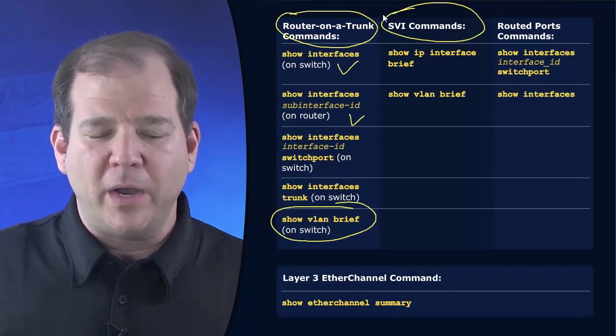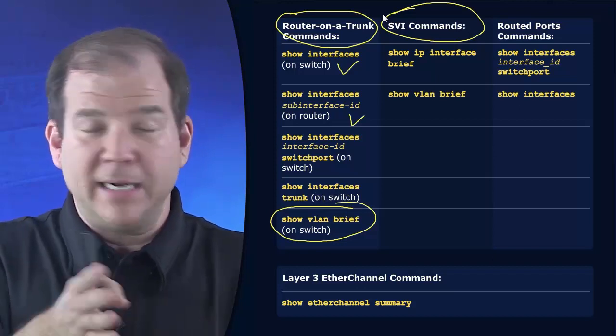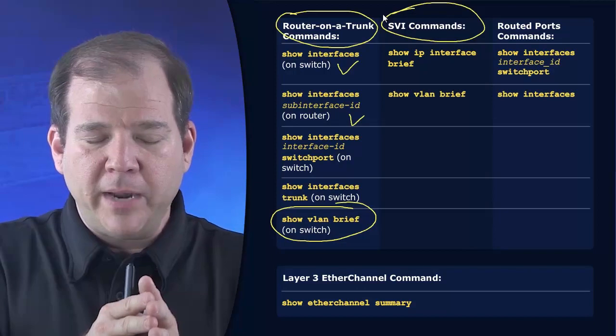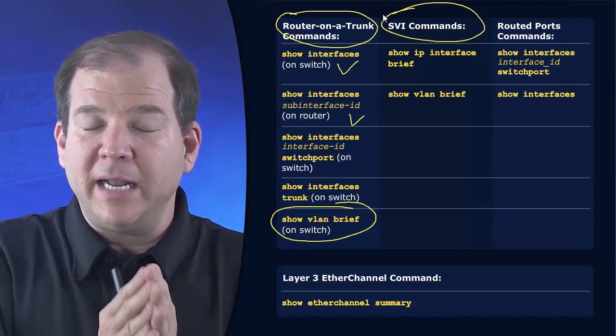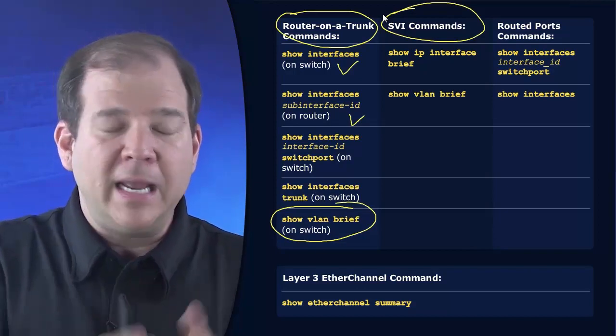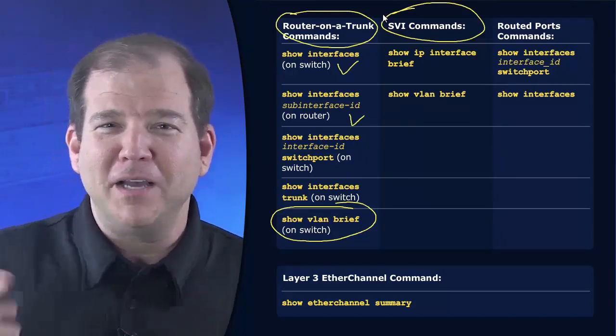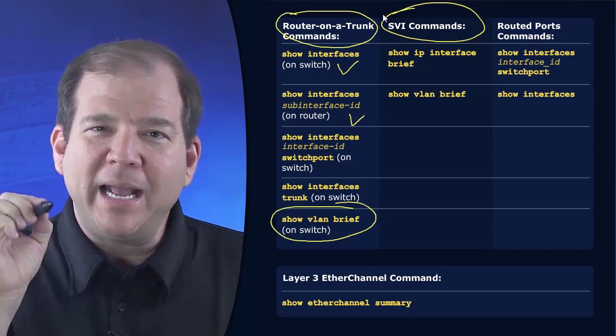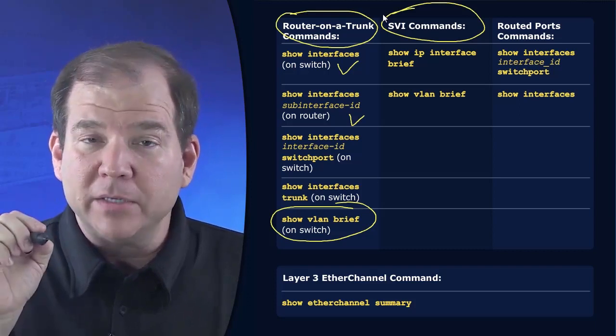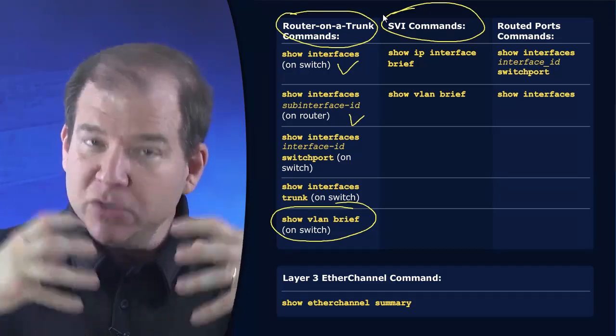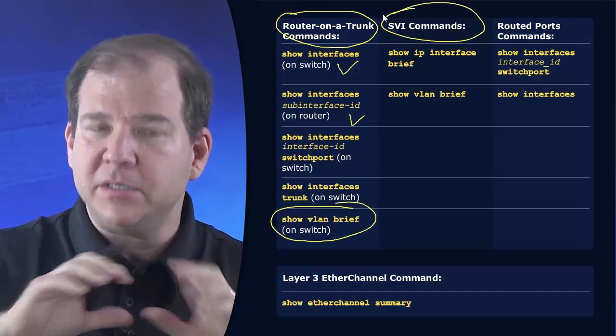Let's say I had VLAN 200. I've got a bunch of devices connected to different ports that belong to VLAN 200, and I've got an SVI that I configured using the command interface VLAN 100 or 200 or whatever VLAN I said, and we can go into that SVI and give it an IP address. It's the representative. It's in charge of routing to and from devices in that VLAN.